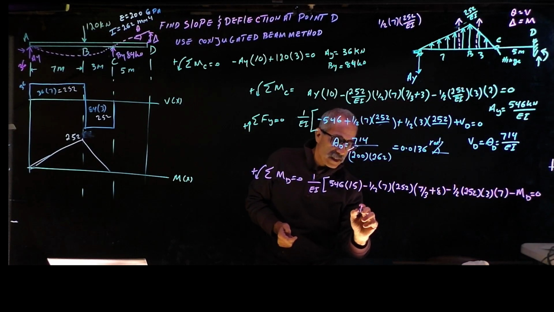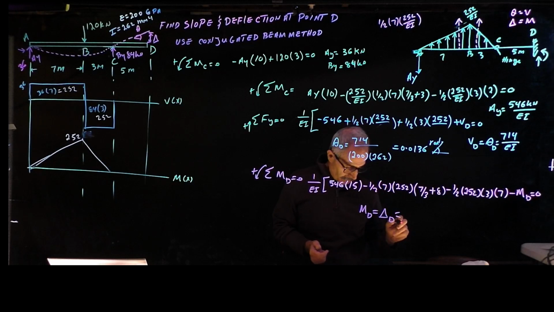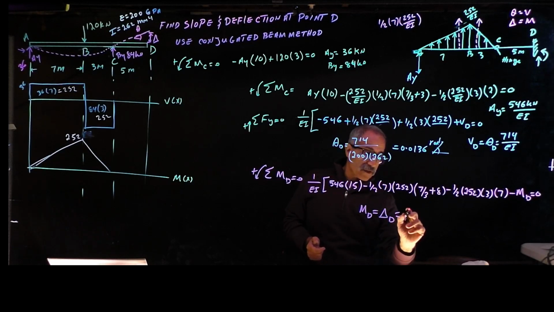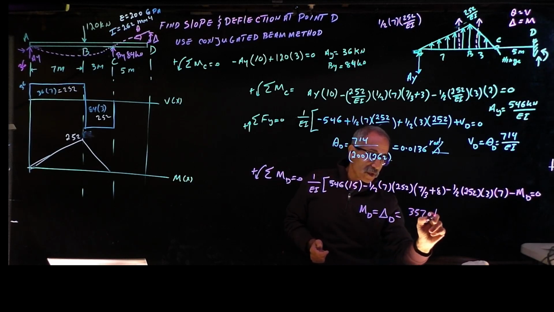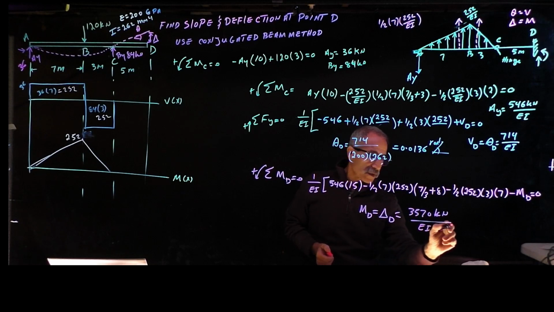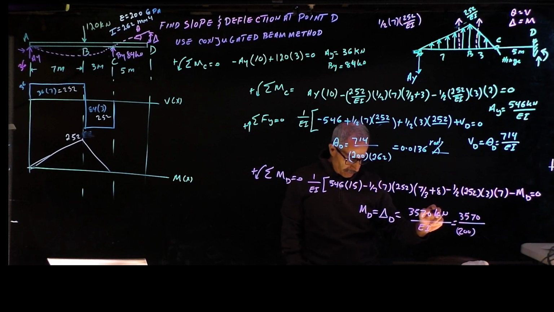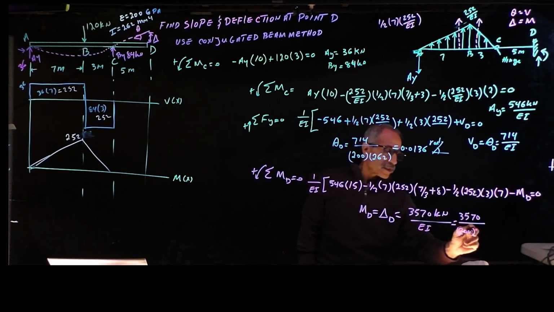So MD, which is equal to deflection at point D, comes out to be 3570, check my number, 3570 kilonewton divided by EI, which is basically 3570 divided by 200 times 262.